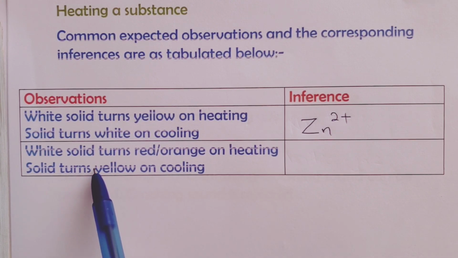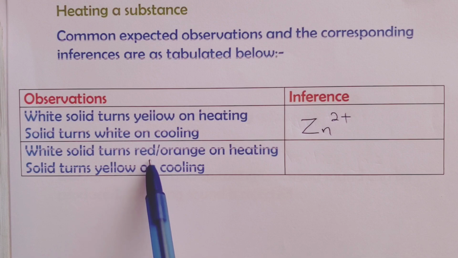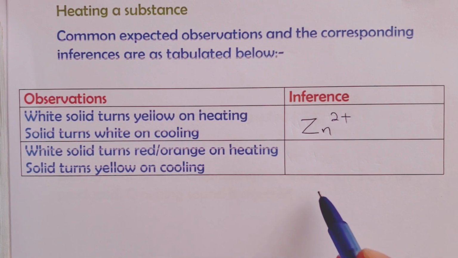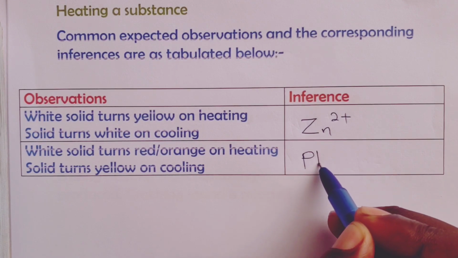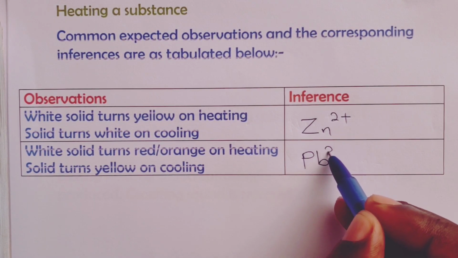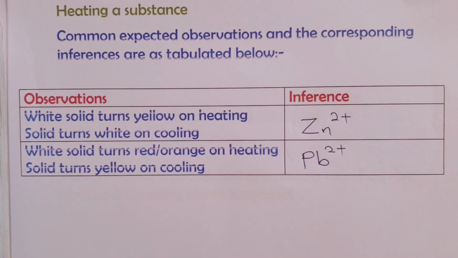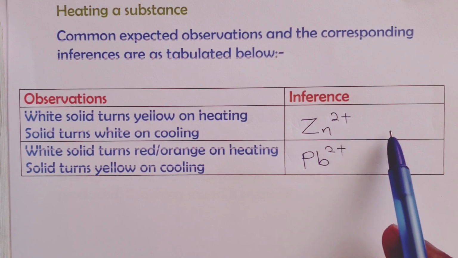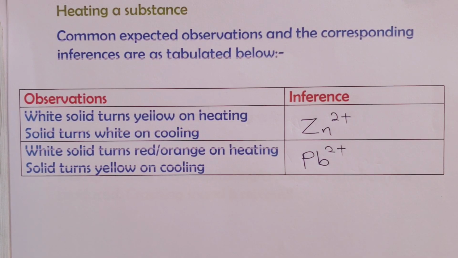This second one, where white solid turns red or orange on heating and yellow on cooling, describes lead oxide, and for that matter, we shall infer that your solid contains lead ions. And when it is present, you can leave the ion on its own without writing the word present, or you can go ahead and write the word present. Both are acceptable. We continue, and we are still on heating a substance.